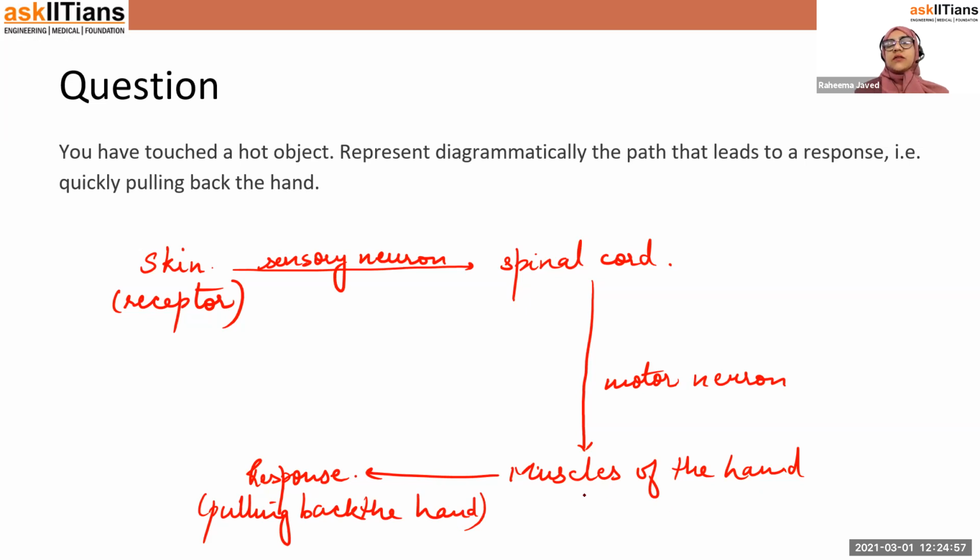Muscles of the hand are the effector organ here. So this is the path that leads to a response.